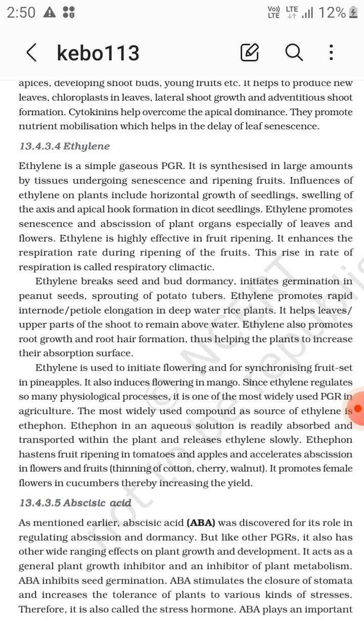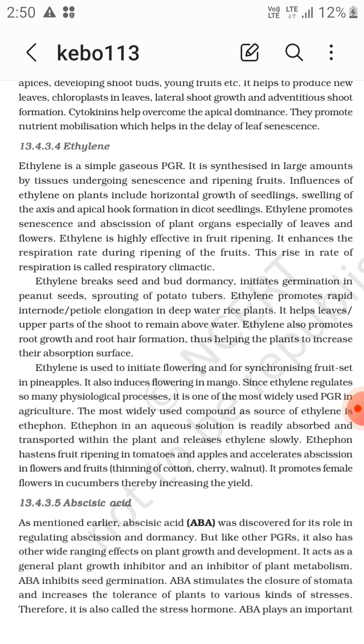Now ethylene is highly effective in fruit ripening. It enhances the respiration rate during ripening of the fruits. This rise in the rate of respiration is called the respiratory climacteric.